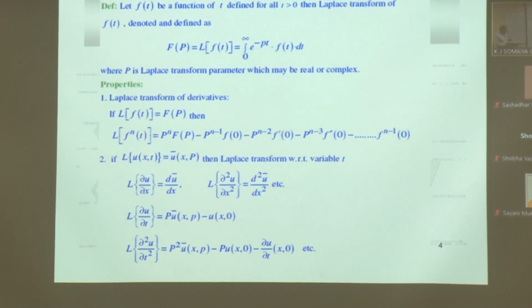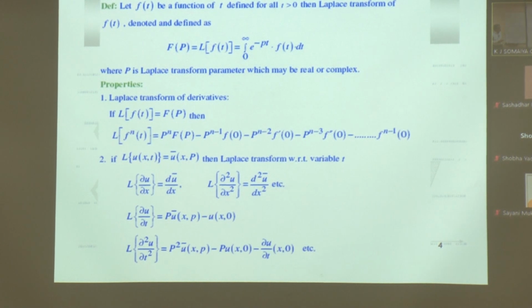Okay. So I will come to the application of the Laplace transform directly. Here f of t is a function defined for t positive. Then its Laplace transform parameter is, suppose, p. So F of p will represent the Laplace transformation of f of t, the integral from 0 to infinity of e to the power minus pt, which is the kernel of the Laplace transform, times f of t dt.